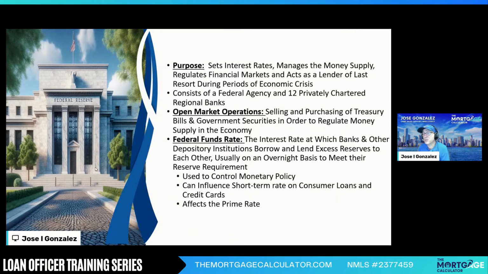The Federal Reserve controls interest rates in two ways. The first is open market operations. I talked about monetizing, right? Selling and purchasing of treasury bills and government securities in order to regulate the money supply in the economy. When they're monetizing, quantitative easing, they're adding money artificially to the money supply.